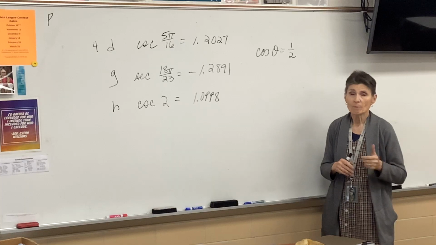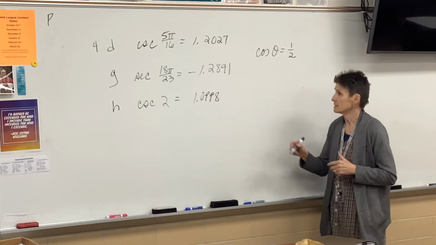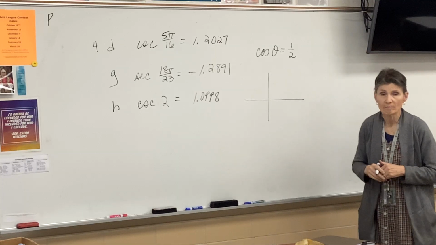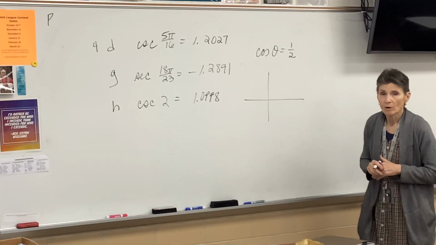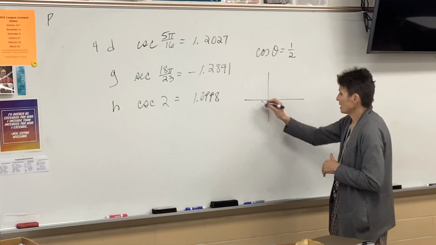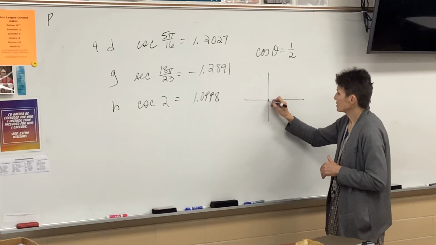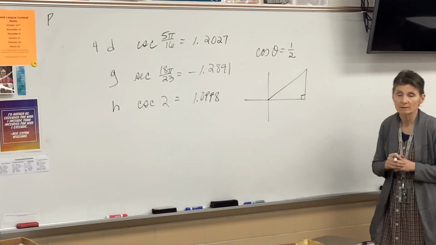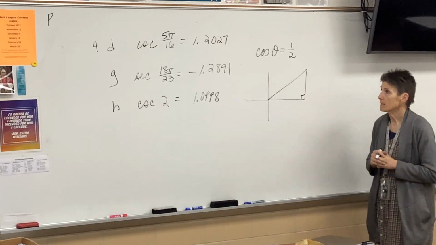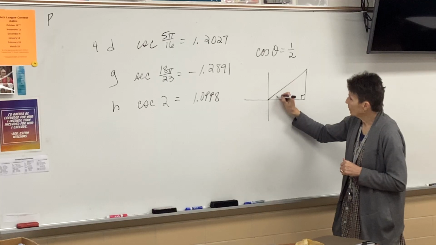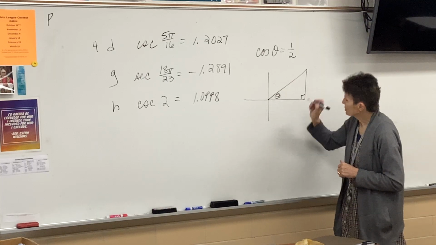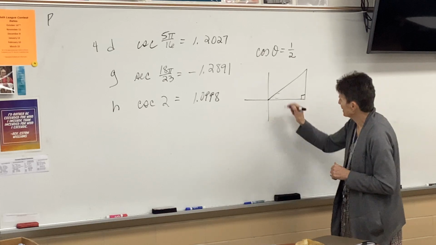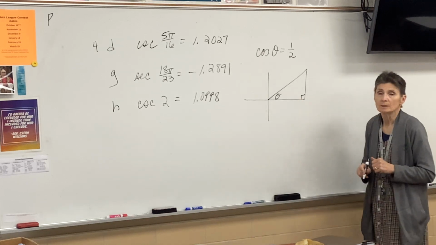You remember from our last couple classes that we're going to draw a triangle for every problem. We set up our coordinate axis system, start at the origin, come out and down like this. That is what our triangle is going to look like. The angle is always at the origin. So there's my angle, theta, right there at the origin.